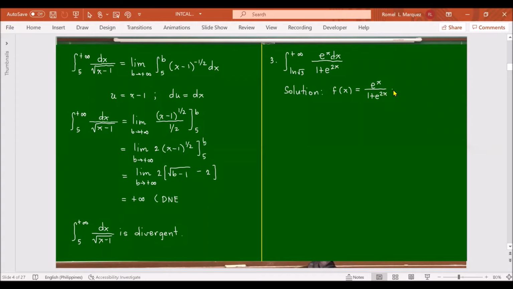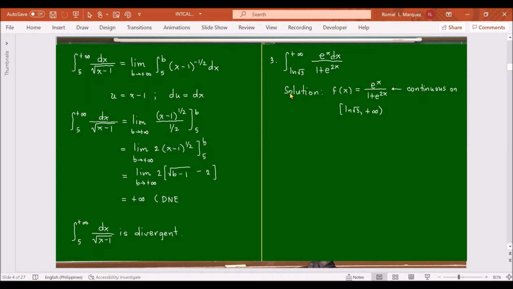Okay? Now, since the denominator is never zero and the numerator is an exponential, this type of function doesn't have any point of discontinuity. So hence, it is continuous at any number and therefore continuous on the interval from ln square root of 3 to positive infinity. Okay, guys?